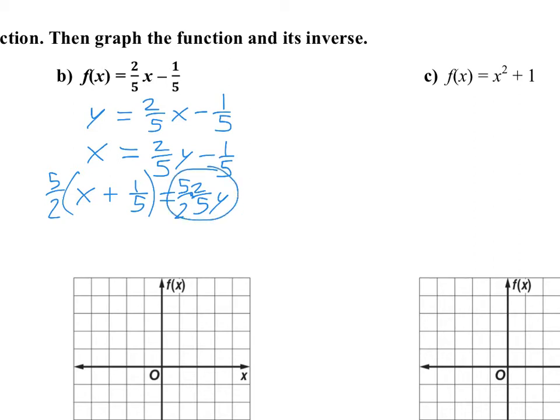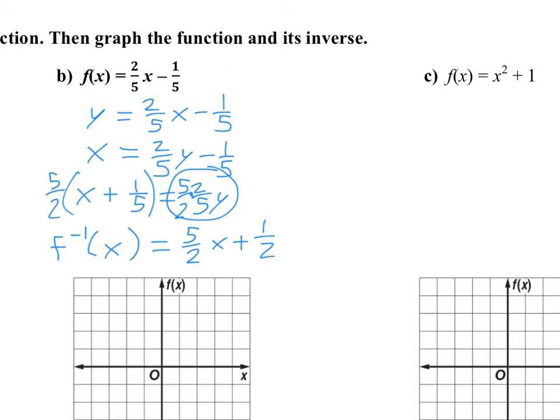I'm going to change that back to f. And the way you write an inverse, you write f with an exponent negative 1. This is f inverse of x equals, and now I distribute on the left side, 5 over 2x plus the 5's cancel, 1/2.